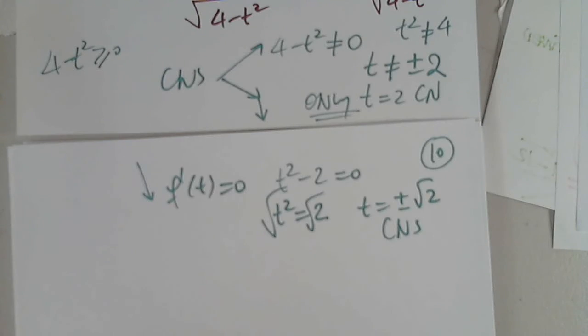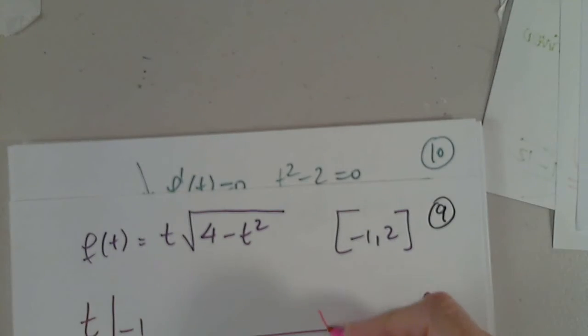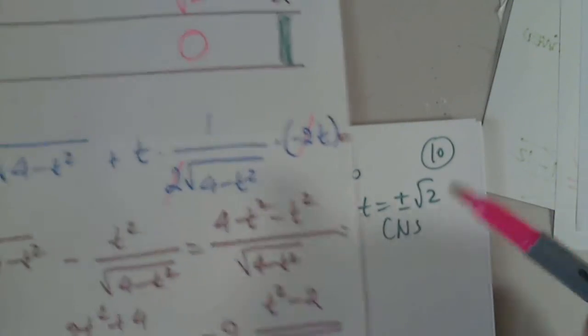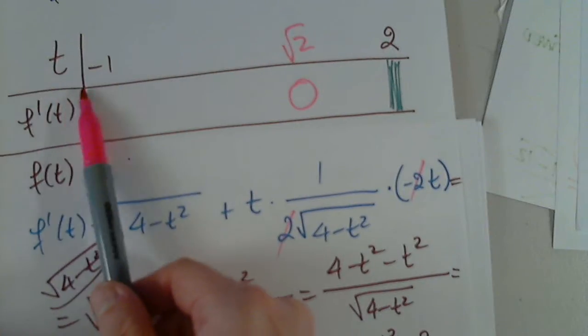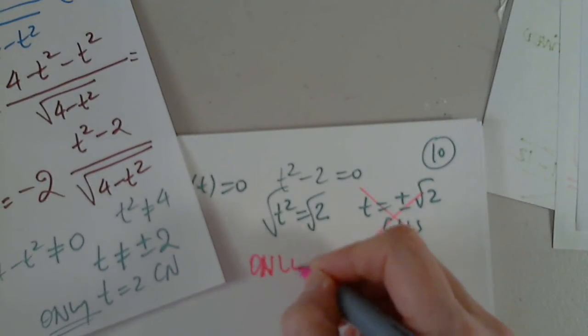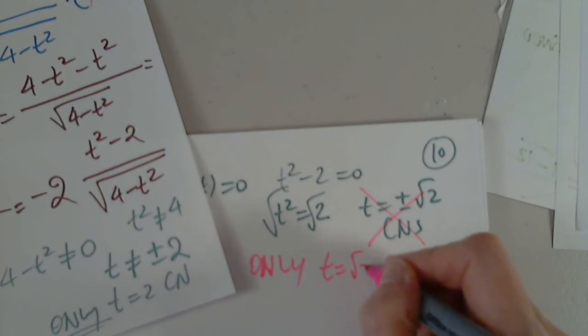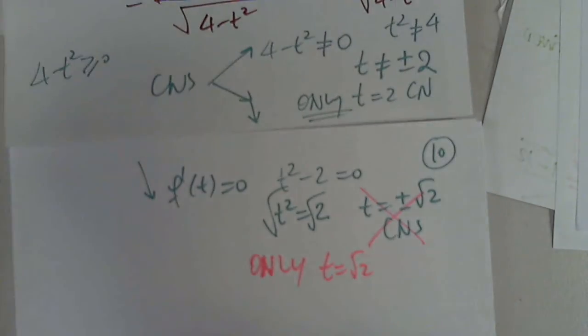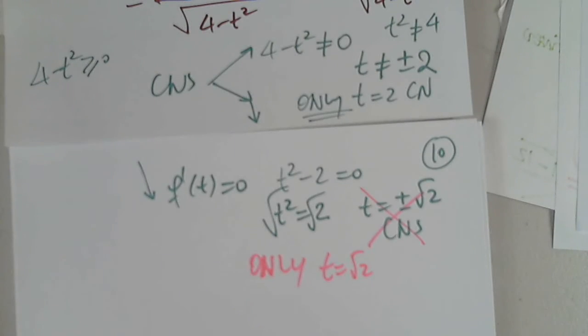One of them does, which is 1.41, and I'm going to go back here and put it in, the square root of 2. But the other one is negative 1.41, which is to the side of this, so I'm going to say only t equals the square root of 2. So the function has two critical numbers. One is the square root of 2, and the other one is 2.